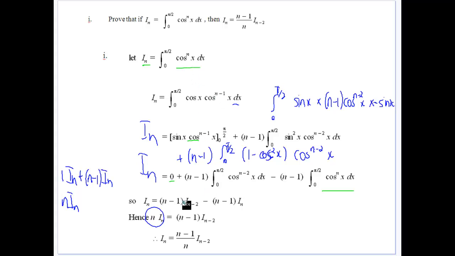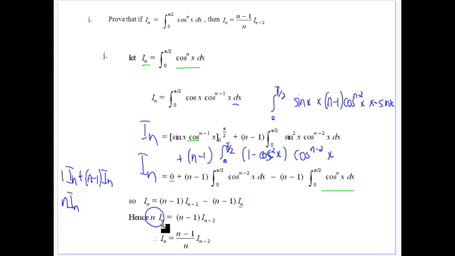So we could write it back in this notation. The I_n, so the integral here, is n minus 1 times the integral, except it's to the power of n minus 2. And we've got the cos to the power of n, which is going to be I_n again. Which means that if I add this on both sides, because that's minus n plus 1, I'm going to subtract 1, I'm going to add n.